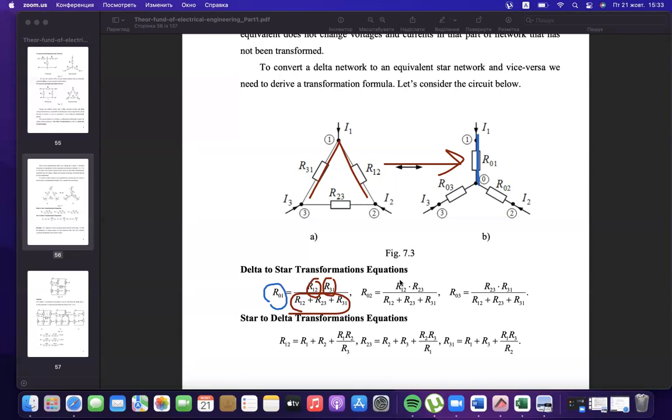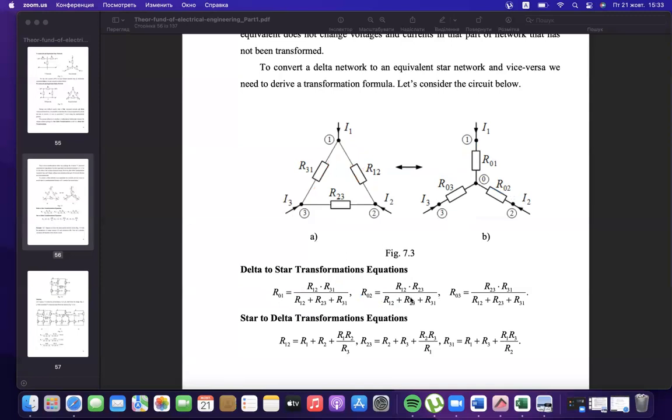Then we do the same for other branches. If we are searching for the second one, we take the two nearest branches of the triangle to this one, multiply them, and divide by the same bottom part. And for the last one, the same idea.